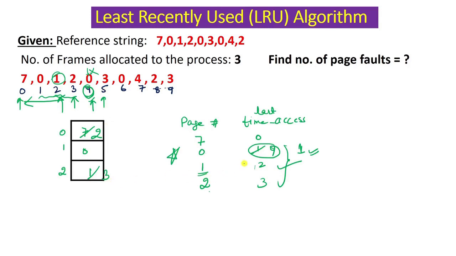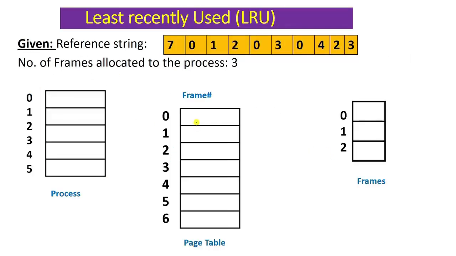This way we have to update the time each and every time. Now let's proceed forward. As I told you, we have to create a map in which for each page we store the last time of access of that page.